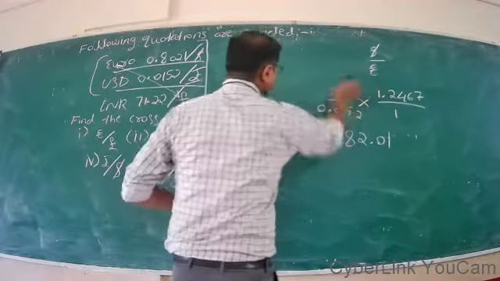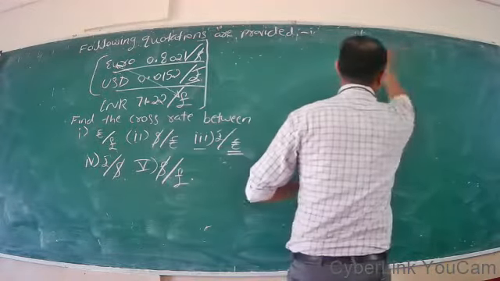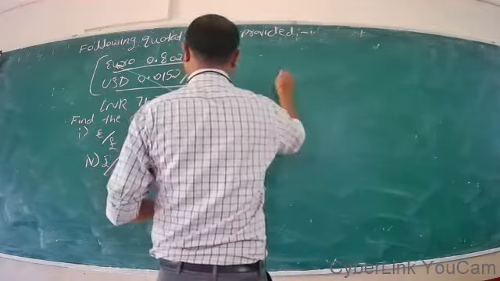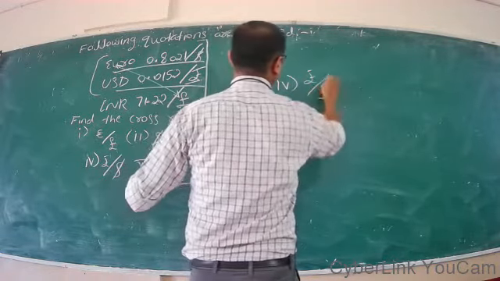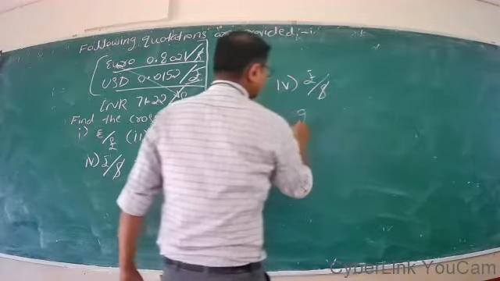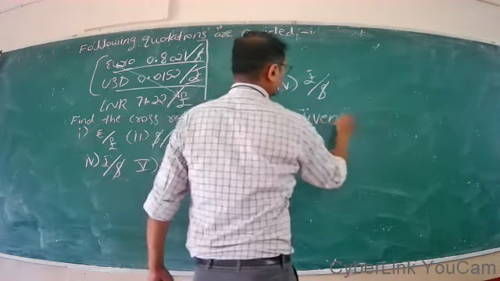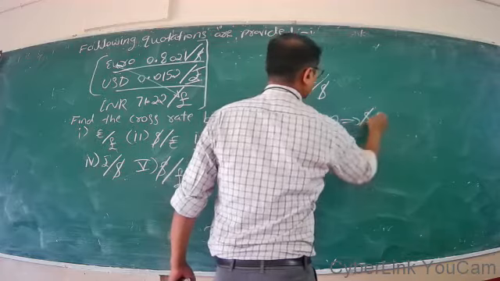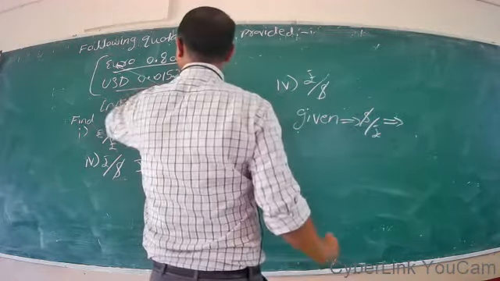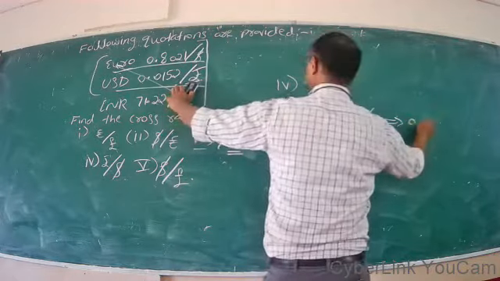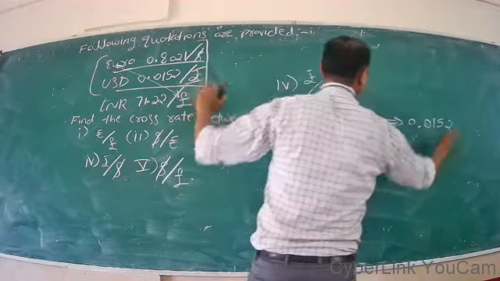Now the next question they have asked, the fourth question, is rupee per dollar. Given in the problem is dollar per rupee. Dollar per rupee is 0.0152.